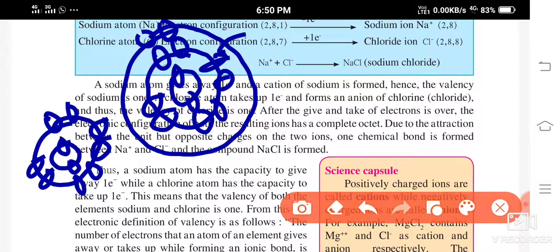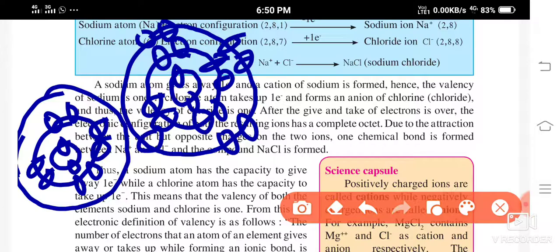The outermost shell of chlorine contains 7, right? And the sodium contained how many? 1 electron. So what is going to happen? This one will be given to chlorine, right?